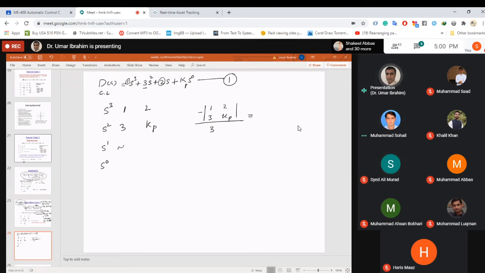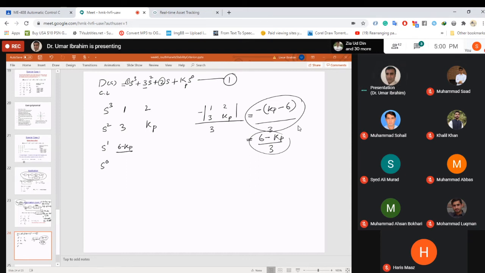That comes out to be minus (Kp minus 6) divided by 3, or (6 minus Kp) divided by 3. Doesn't matter, whether you write this or this, it is the same thing. So I'll write (6 minus Kp) divided by 3.